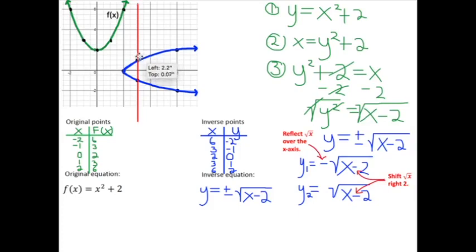Those are the intersections with this vertical line here. You can see that clearly. But really, just like we said with the table, if that vertical line crosses anywhere on the graph more than once, it is not a function. So this fails the vertical line test. This is not a function. I'm going to write that down.